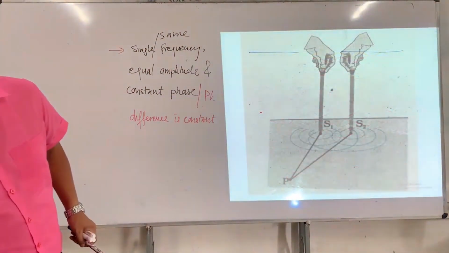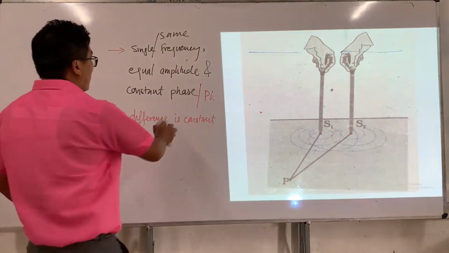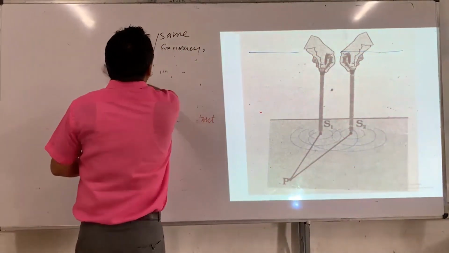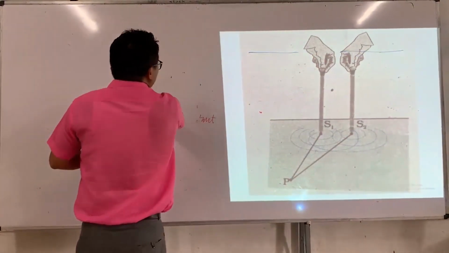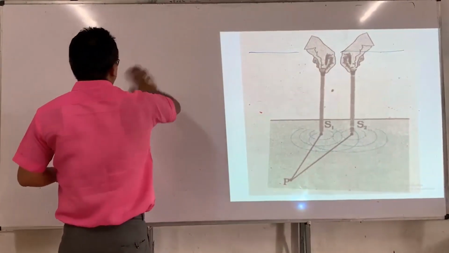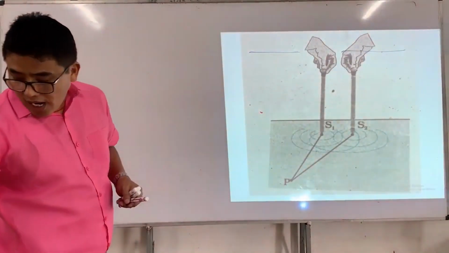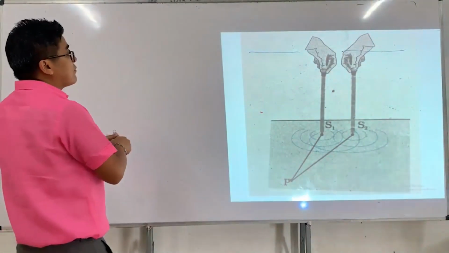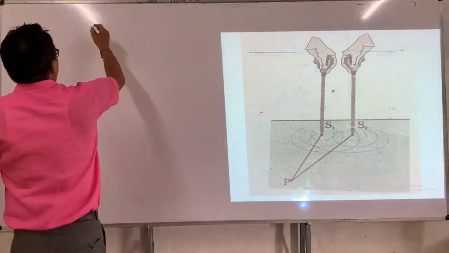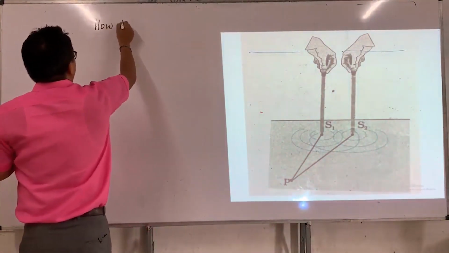Now I would like to discuss what interference is. How are we going to combine two waves, or three waves, whatever? Whenever we talk about combining waves, what exactly are we going to combine?